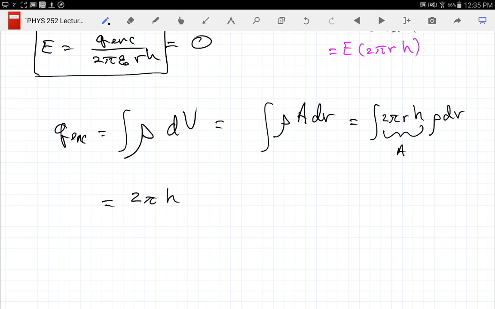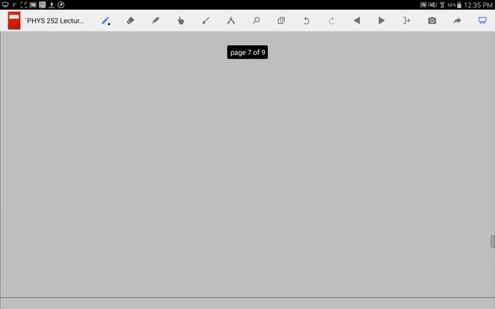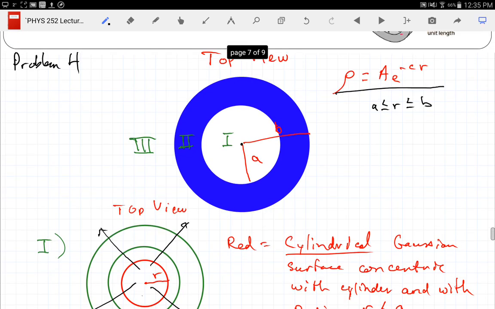Oh, criminy. A is the constant in this. I should have changed the constant to B so you wouldn't get it confused with A as an area. Even though the problem calls it A, I'm going to call it B so we don't get it confused with area.